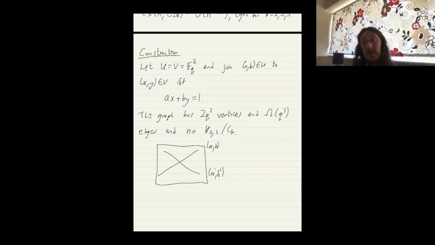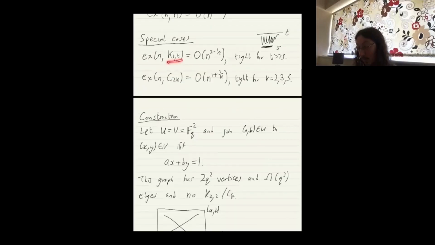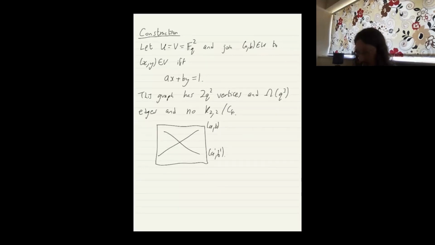So that's actually quite a simple construction. That gives the sharp bound up here when s is equal to t is equal to 2. And here it also gives the correct bound when k is 2. Okay, you can give a similar construction for K_{3,3} as well. This is a construction due to Brown, I think.